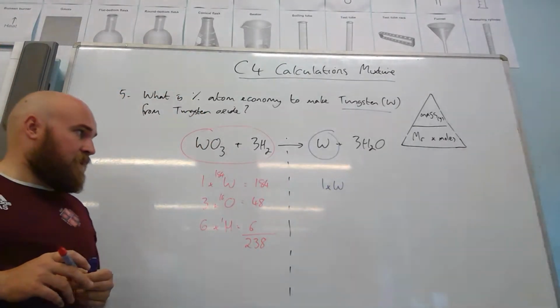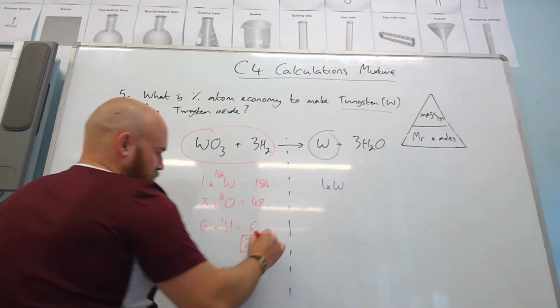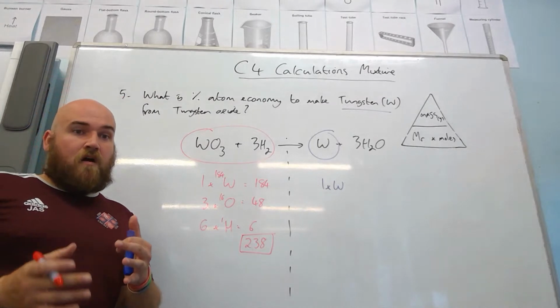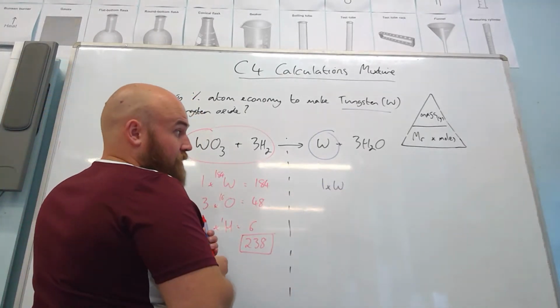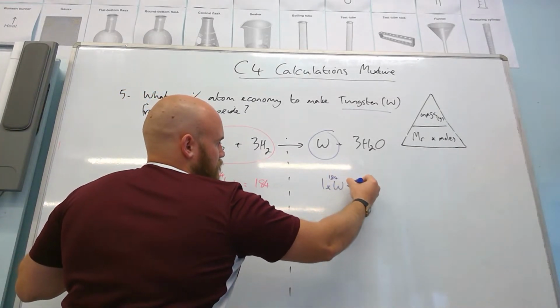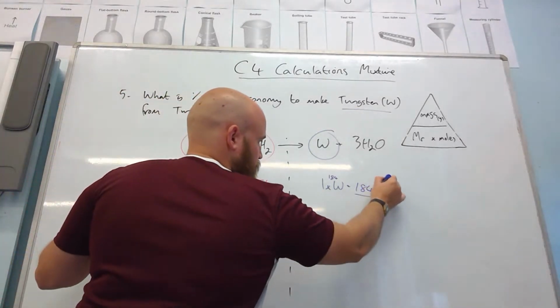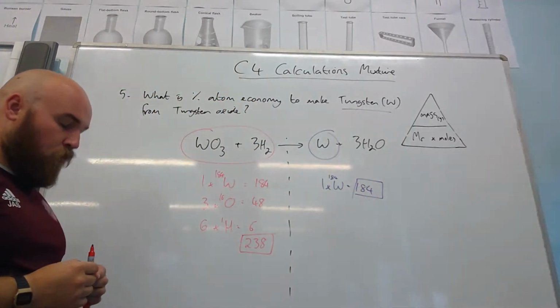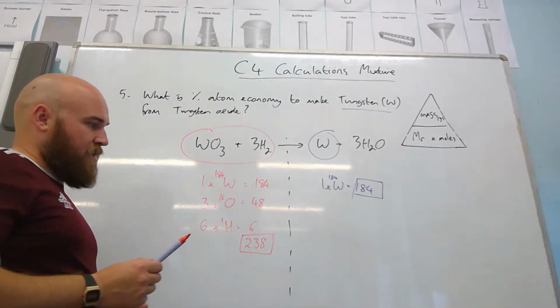Yeah, that's about right. I'm going to put that in a big red box. So that's the total MR of the reactants. And now I need the total MR of the product that I'm making. Well, I'm only making 1 of these, so it's just 184. And then I need to work out what the purple box is as a percentage of the red box.